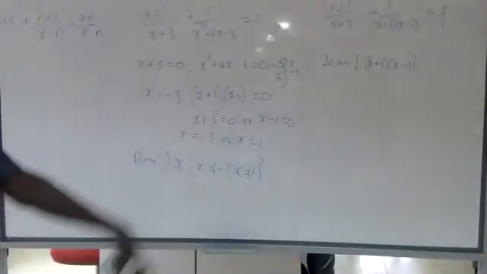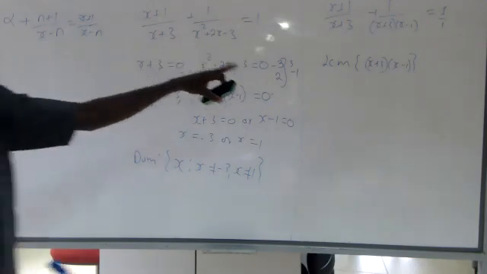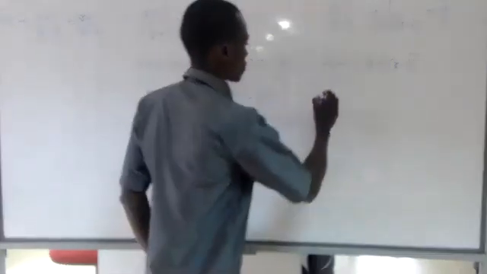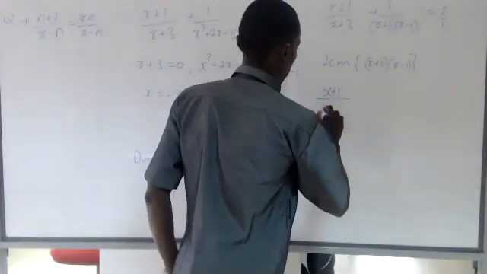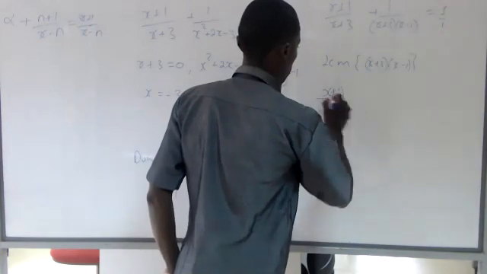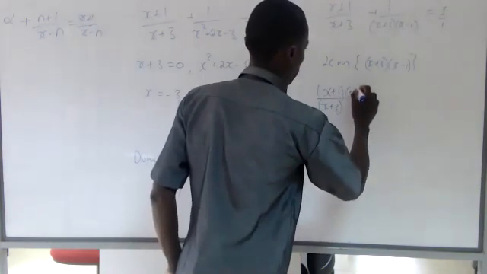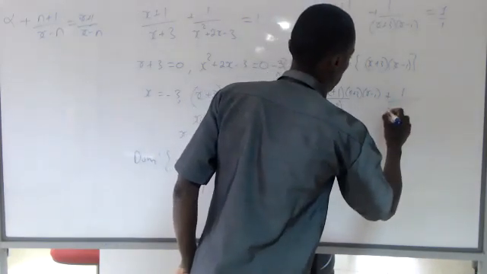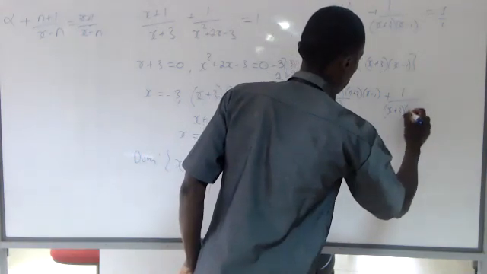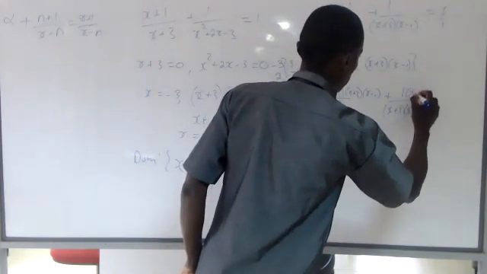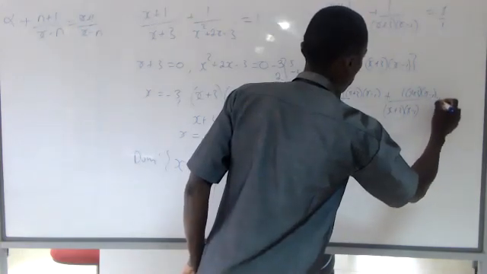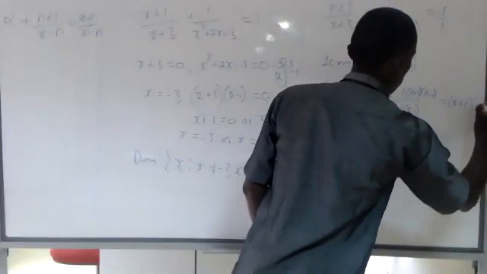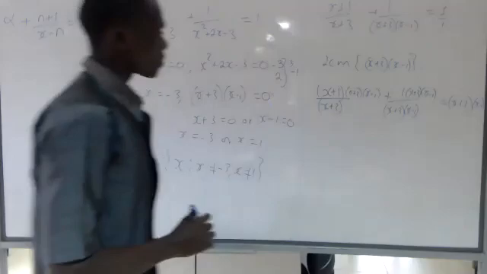Then multiply each term by the LCM of the denominators. So we take (x plus 1) divided by (x plus 3), all this times (x plus 3) times (x minus 1), plus 1 divided by (x plus 3) times (x minus 1), this times (x plus 3) times (x minus 1), is equal to, so multiply this by the LCM, you get (x plus 3) times (x minus 1).